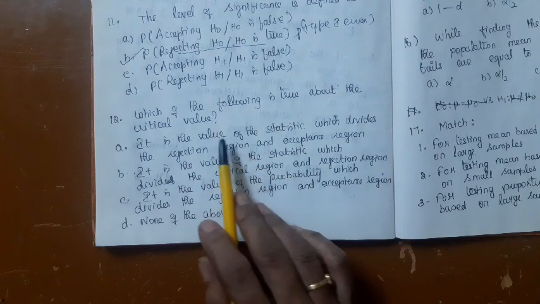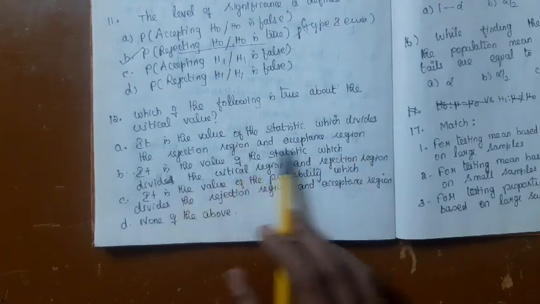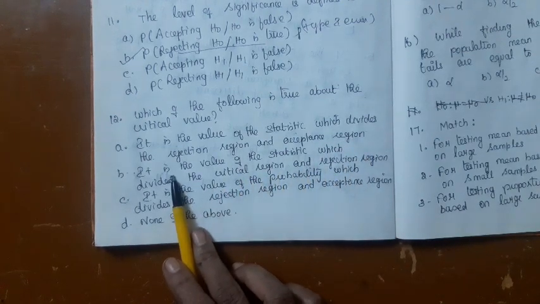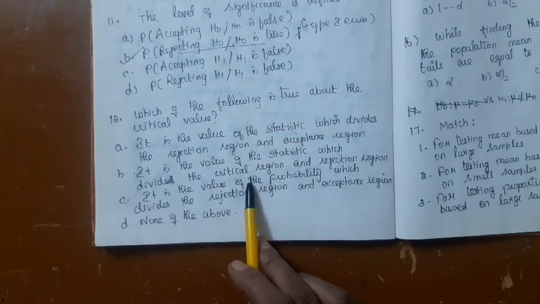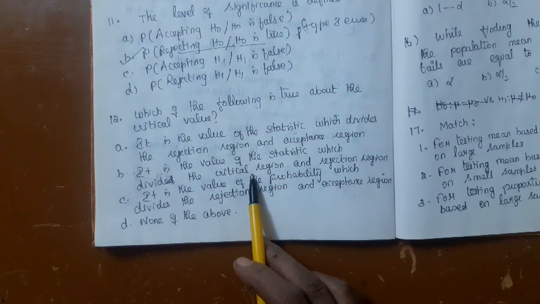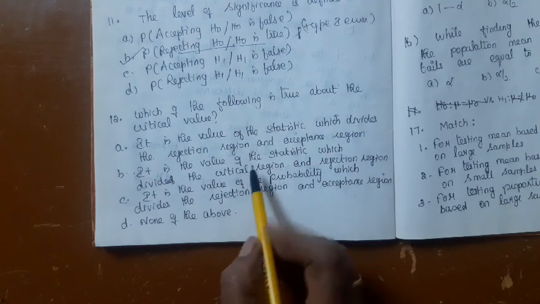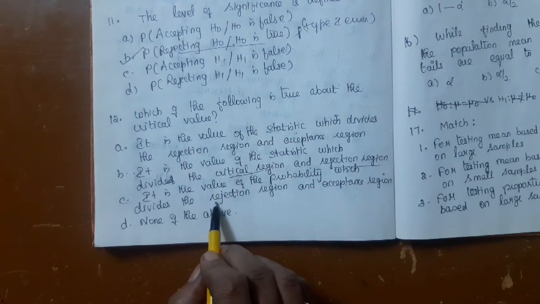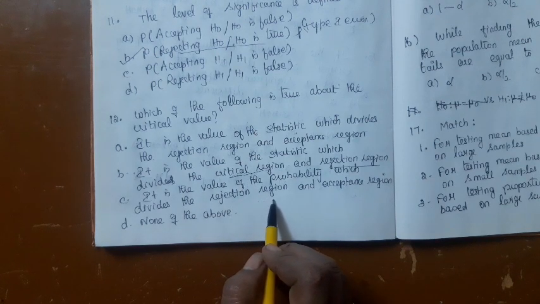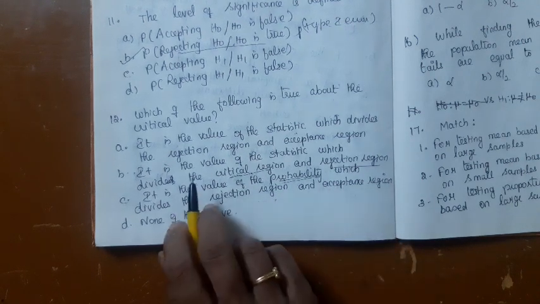Which of the following is true about the critical value? It is the value of the statistic which divides the rejection region and acceptance region. The option saying it divides the critical region and rejection region is not correct, because the other name of critical region is rejection region. The option saying it is the value of the probability is not correct because it is the value of the test statistic.